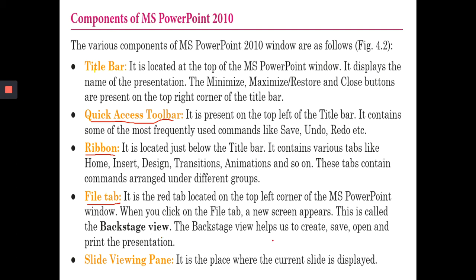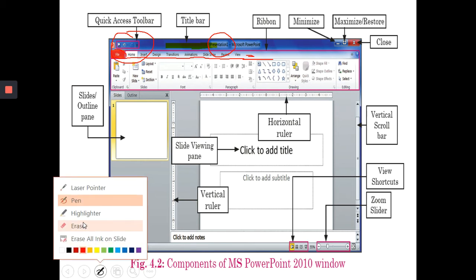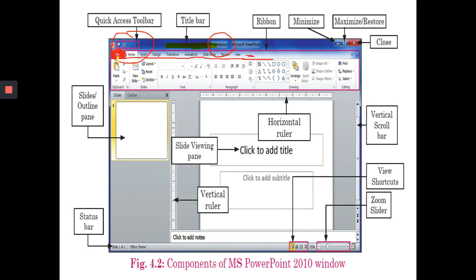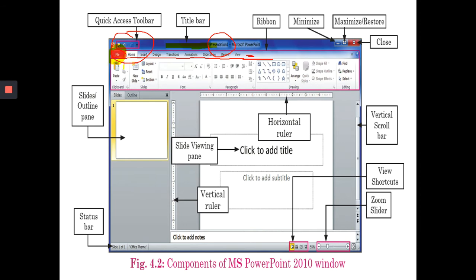The backstage view helps us to create, save, open, and print the presentation. So see in the picture. Okay, I'm choosing another color so that you can understand. This is the file tab. The red option is the file tab.